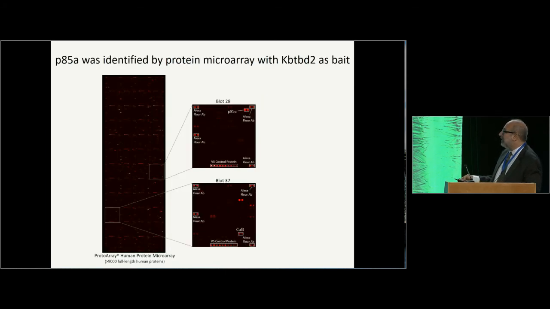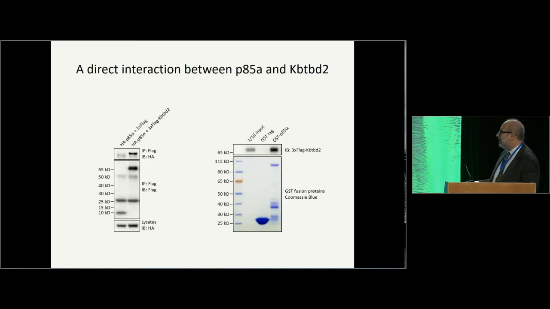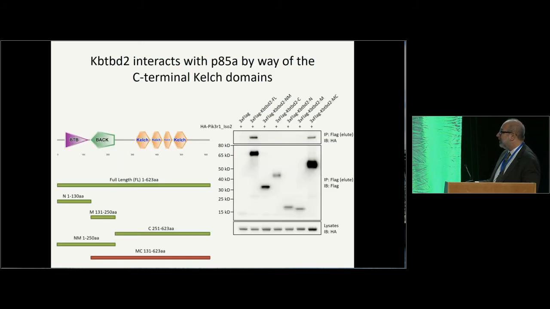We did a protein blot then to see whether KBTBD2 would physically interact with P85 alpha, and it appeared that it did. At least it was very high on the list of interactors. And we further did a pull-down assay with a GST-tagged P85 alpha, and again documented direct interaction with KBTBD2.